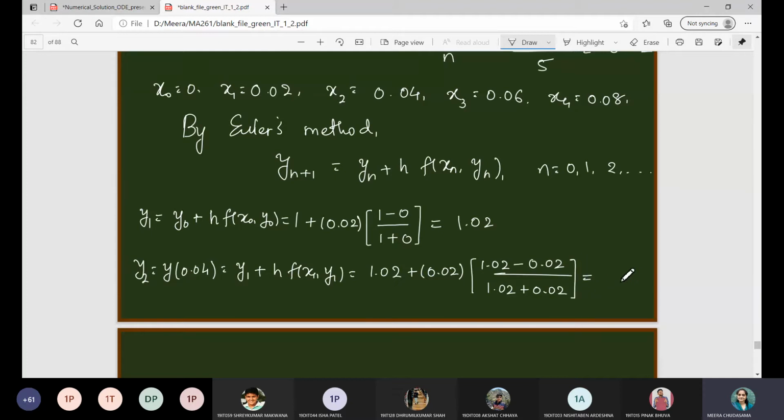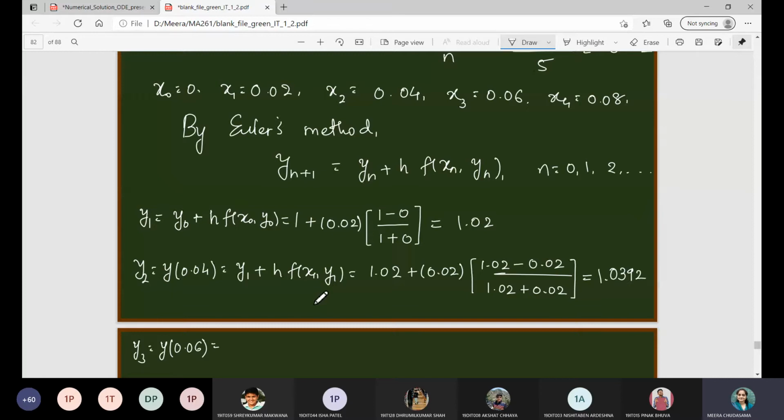Evaluate it and let me know the answer. 1.04 around means it's 1.039. Yes, 1.0392 is the corresponding answer.